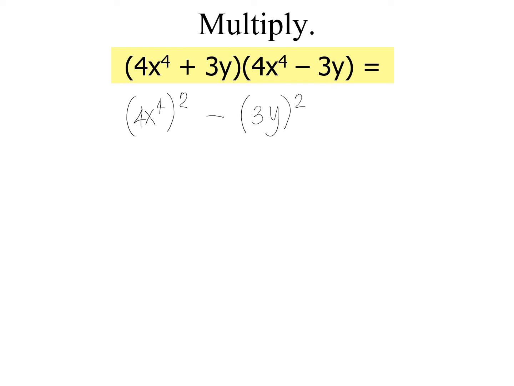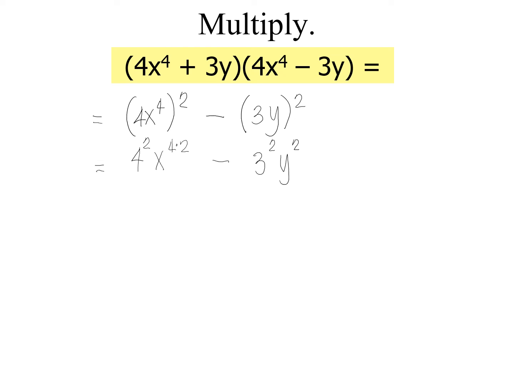So remember, from here, it's either we apply the product rule of exponent or the power rule of exponent. So remember, we distribute this power to each of the coefficients or variables you see inside this parenthesis. So we have here 4 to the power of 2 times x to the power of 4 times 2 minus 3 to the power of 2 and then y to the power of 2. Then we simplify.